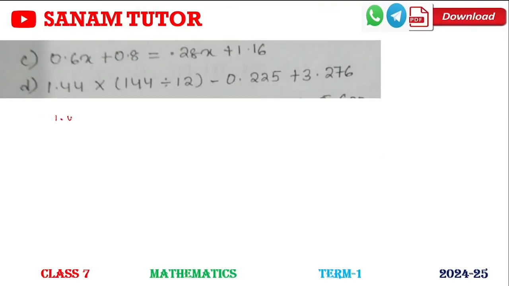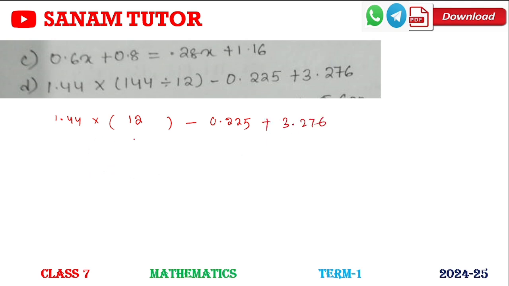1.44 into, first we solve the bracket. So 144 divided by 12, we can write 12 minus 0.225 plus 3.276.